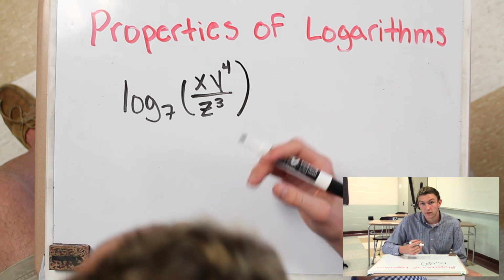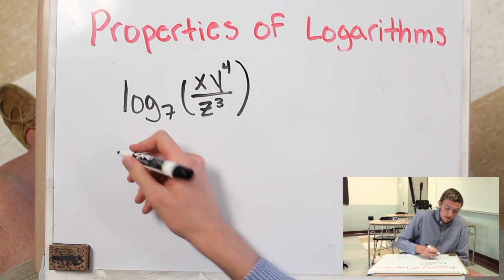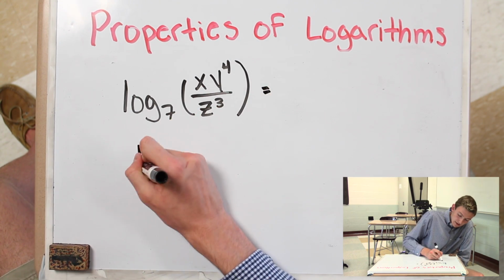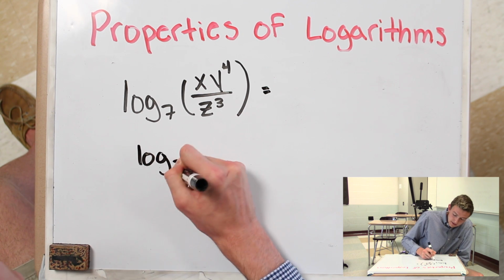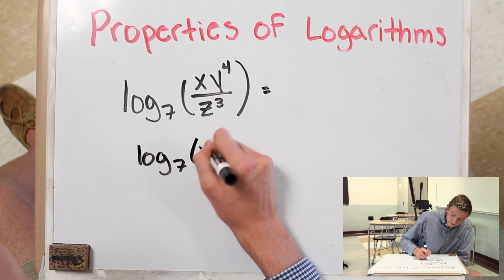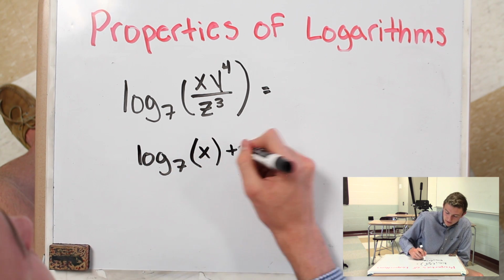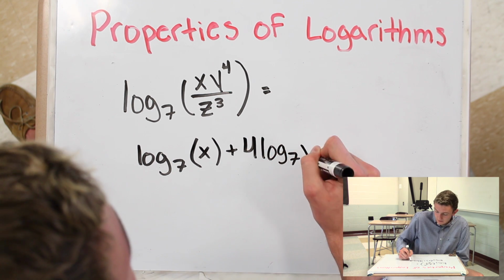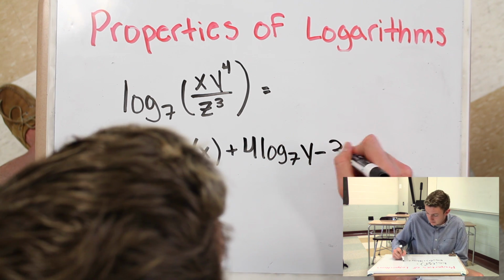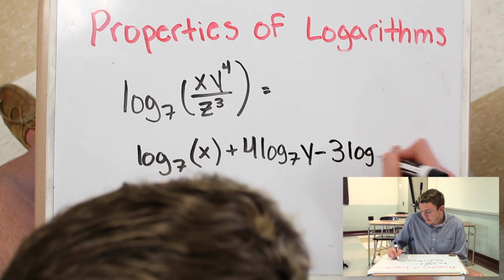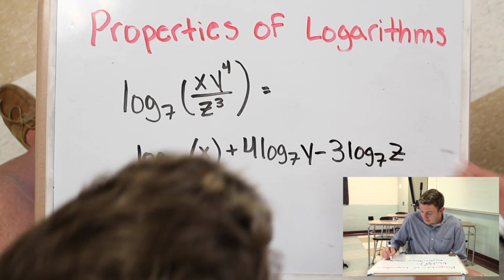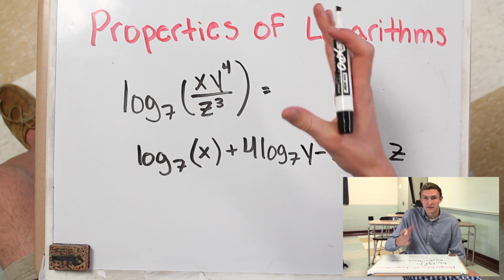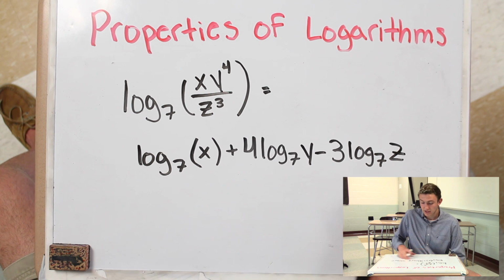Now if we apply all our properties that we've learned in this video, this is going to be log base 7 of x plus 4 times log base 7 of y minus 3 times log base 7 of z. This applies all the properties, and this is known as an expansion.